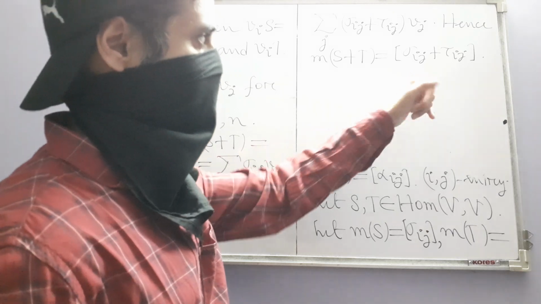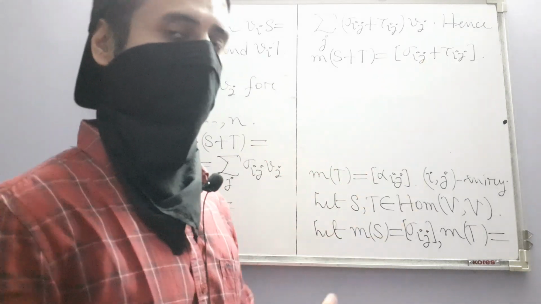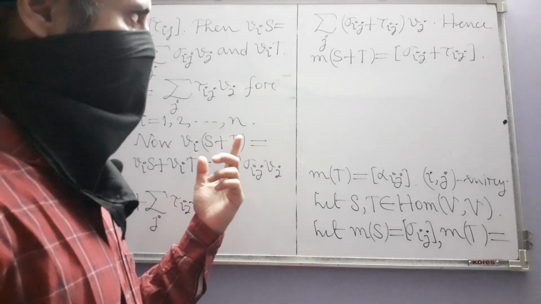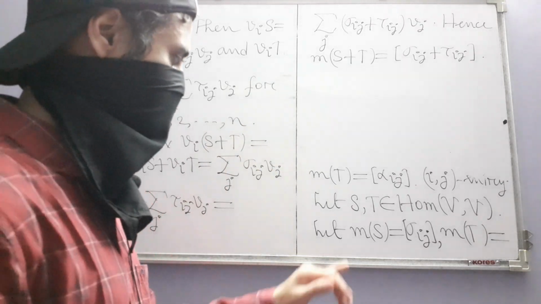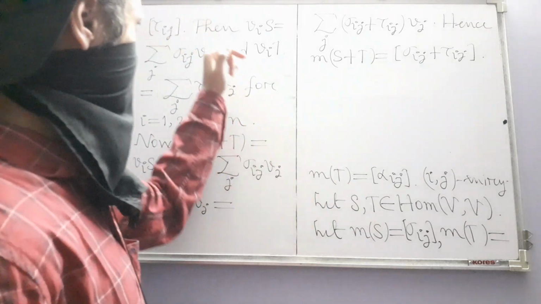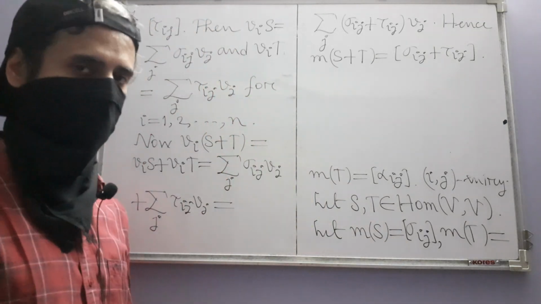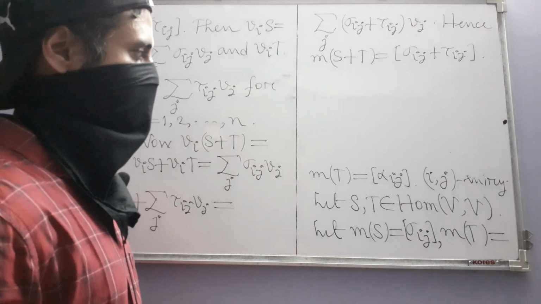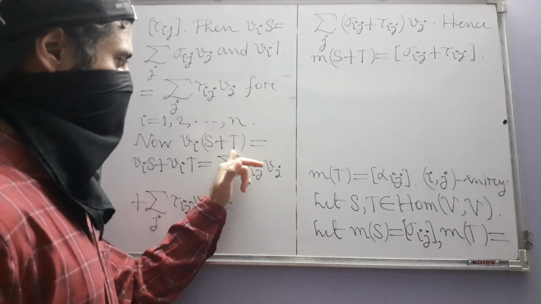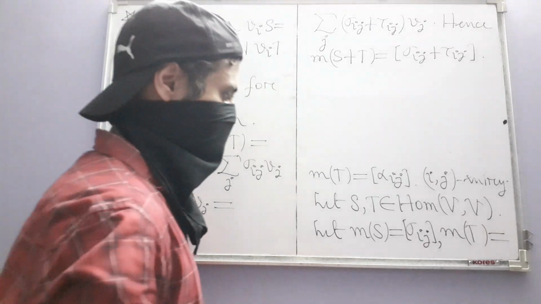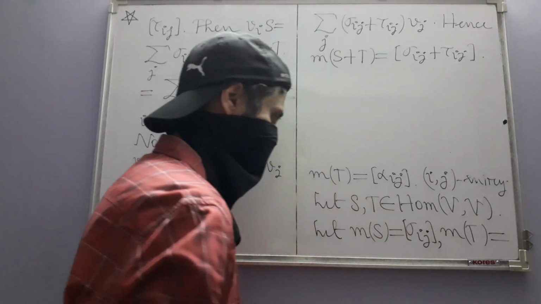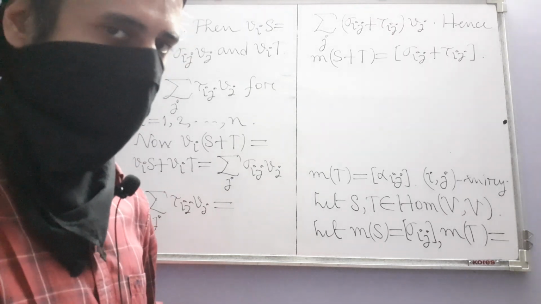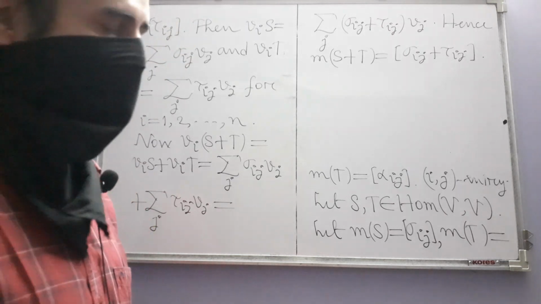And its ijth entry is sigma ij plus tau ij, which is the sum of the ijth entries of the original matrices, the matrices for S and T. So this is pretty straightforward. The sum is not complicated at all. To find the matrix of the sum of the two operators, you just take the sum of the ijth entries of the matrices of the operators. That's it. Pretty straightforward.